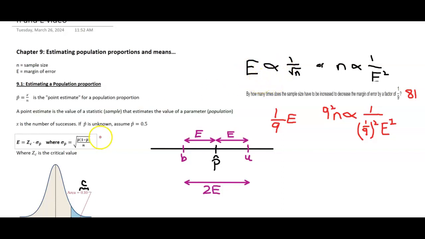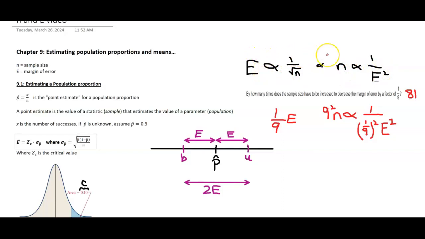And this is how things work for population proportions. Now, for estimating a population mean, this relationship between margin of error and sample size is actually the same.